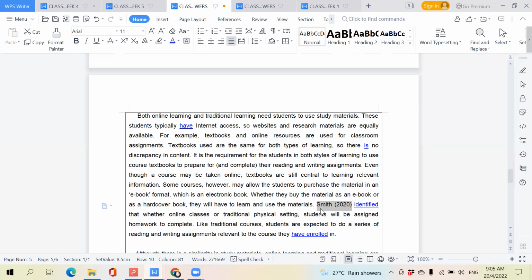So this is what we call in-text citation, where you refer to other people's work, all right, by using the last name. If it's an English name, then we use the last name. If it's a Malay or Indian name or Chinese name, similarly, if it's a Chinese name, it's not last name. Chinese name is the first name. For example, Lee Chong Wei. So Lee is the name that you put here.